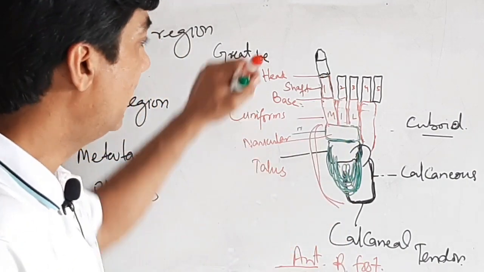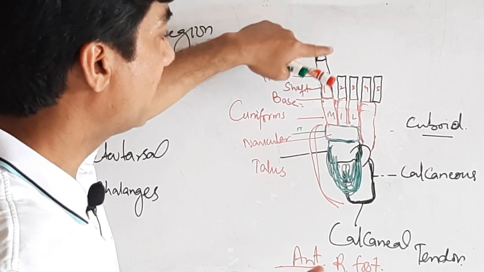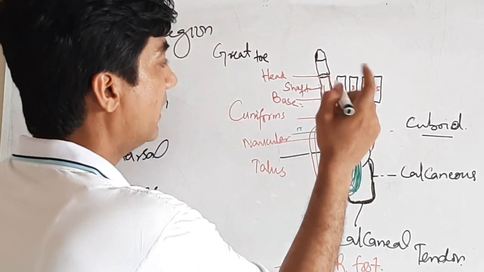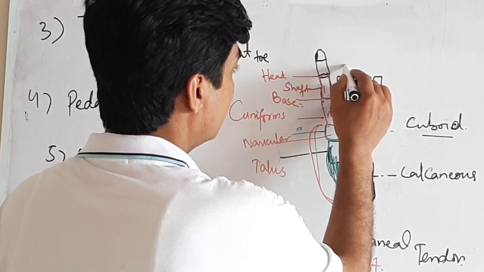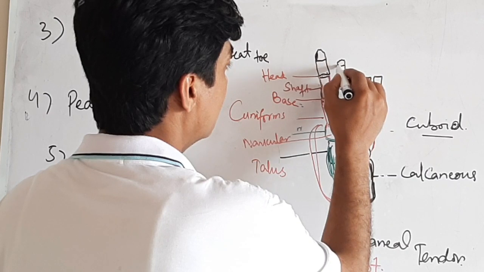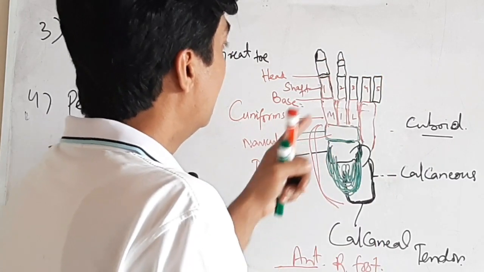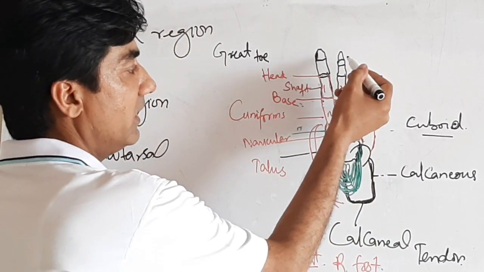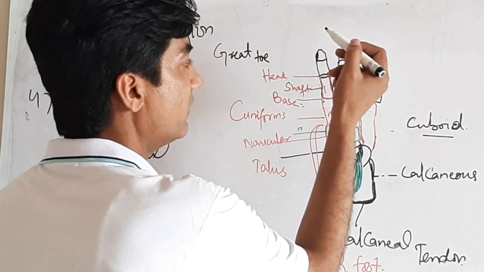One is distal and one is proximal, and the rest of the toes contain three phalanx. What are the three phalanx? These are short in number. One is proximal, the second is middle, and the third is distal.